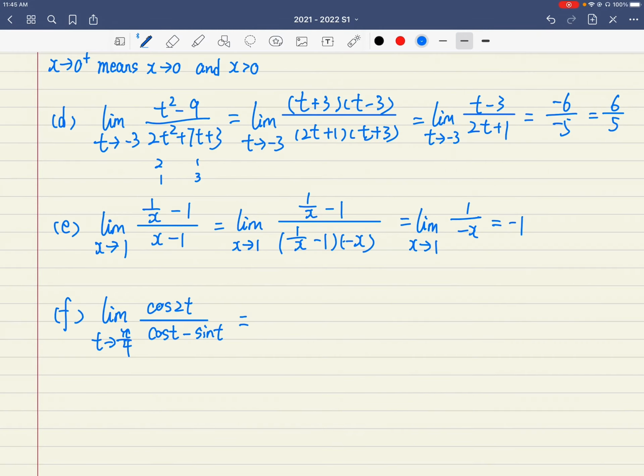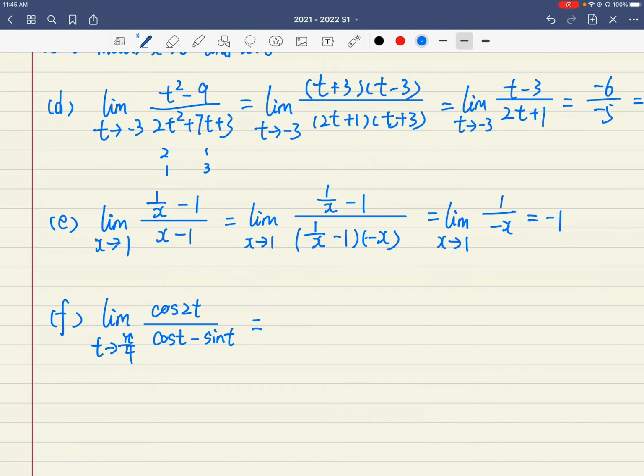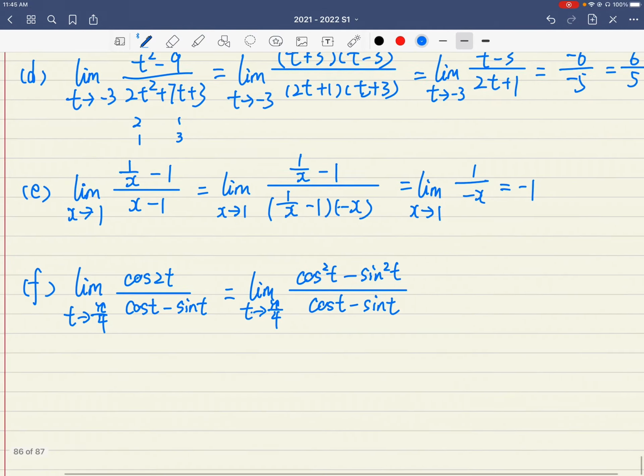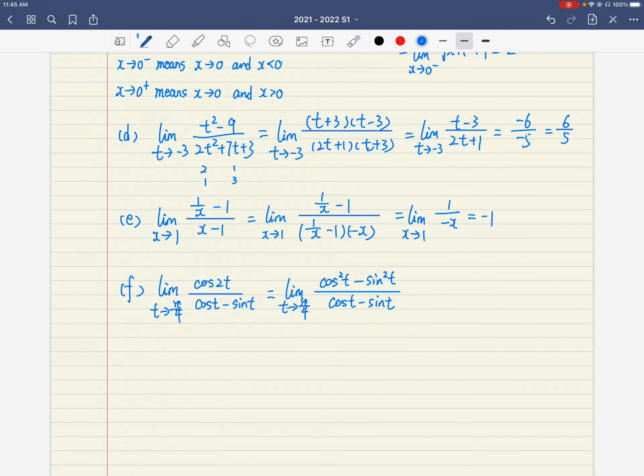But here you need to use the fact that cosine 2t is essentially cosine t squared minus sine t squared. That's the formula for cosine 2t over cosine t minus sine t. And for the top, it's again a squared minus b squared.